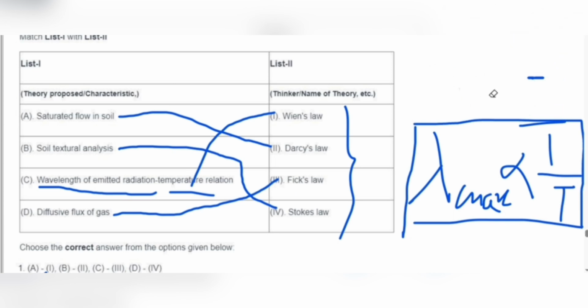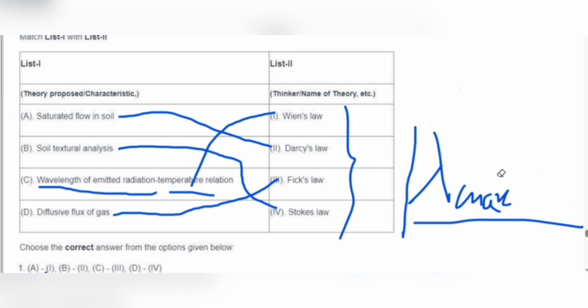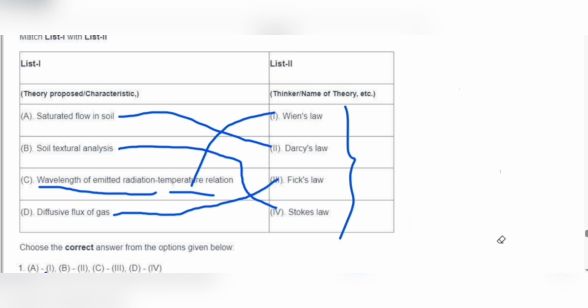Now coming to Darcy's law, I think you all know Darcy's law governs the saturated flow of water in the soil, and it gives the concept of hydraulic conductivity and also the concept of hydraulic gradient, right?